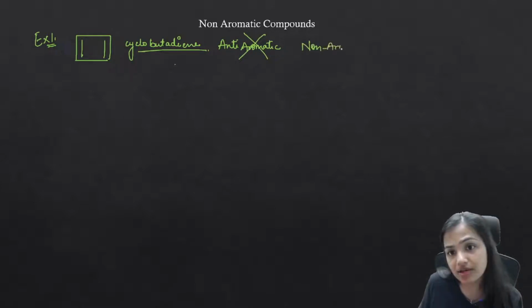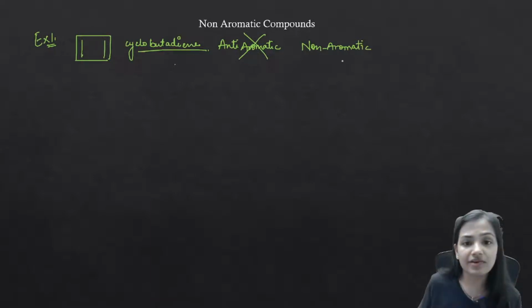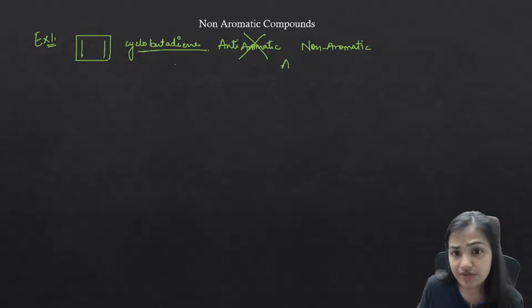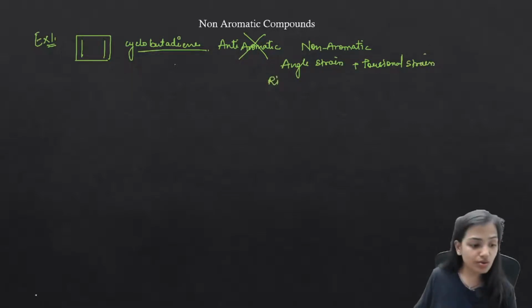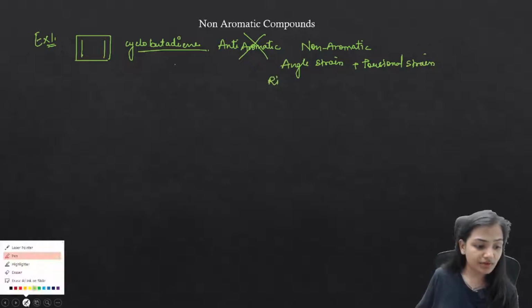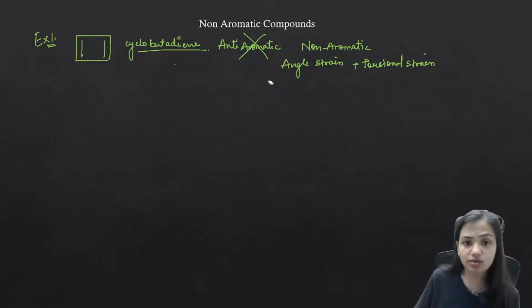Why is this not anti-aromatic, but non-aromatic? Because here we have angle strain. If you see its three-dimensional structure, you will find that here we have angle strain plus torsional strain, and because of this the ring is very unstable. The ring is not stable, so no delocalization of electrons can take place.